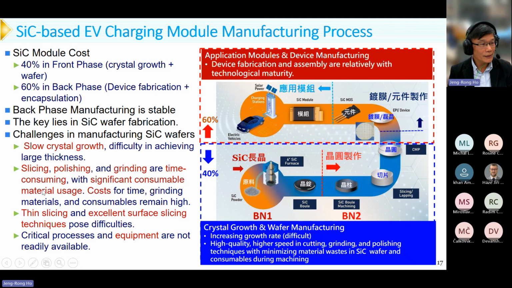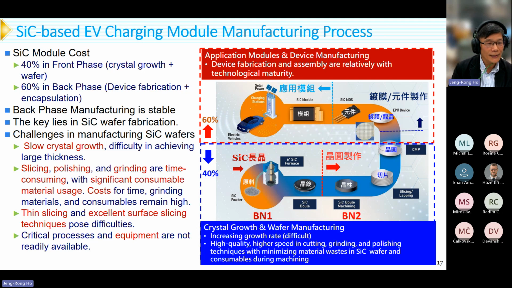And in this slide, I'm taking the process of a silicon carbide-based EV charging module as an example, to show the module cost. Basically, we can separate it into 4 phases. The first phase we call growing, crystal growth of silicon carbide. Then after that, we make silicon carbide wafers. Then the third phase is device fabrication.